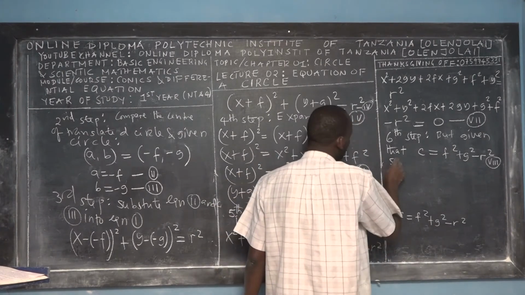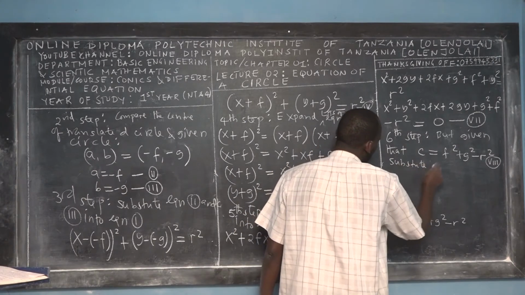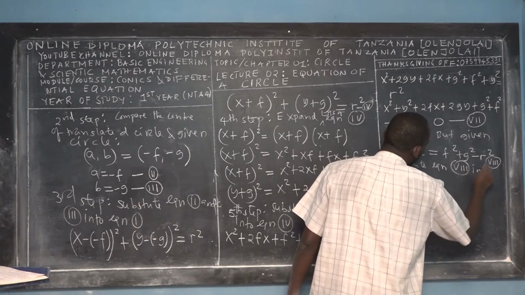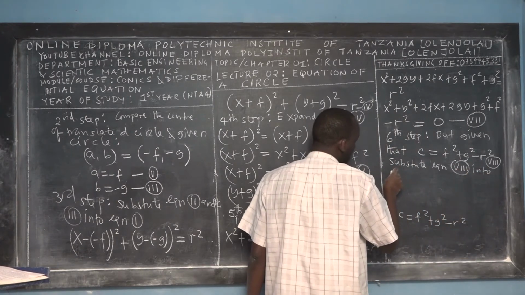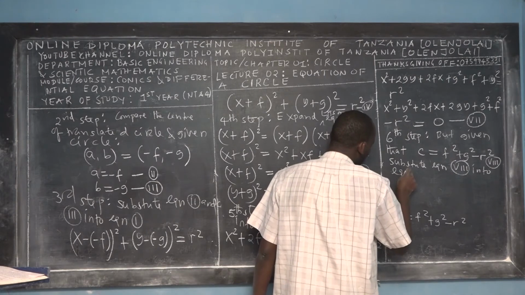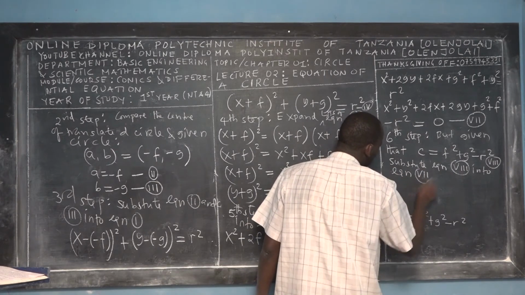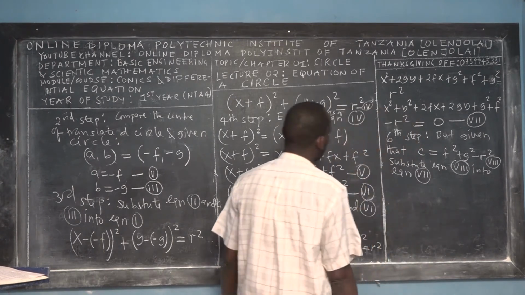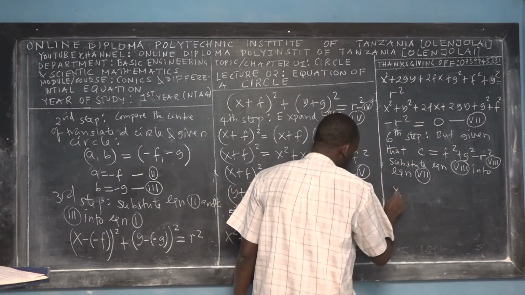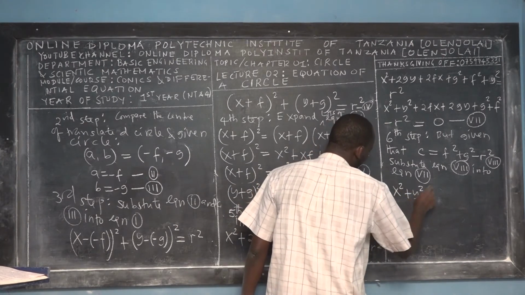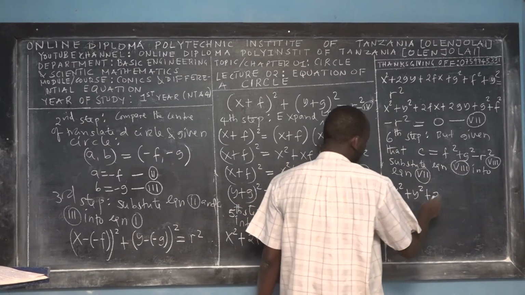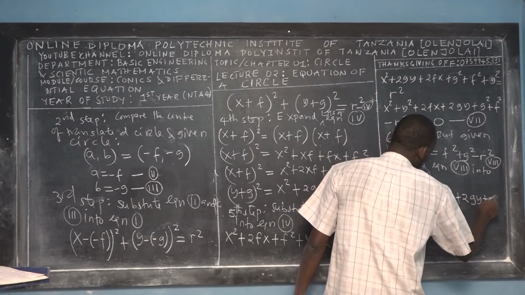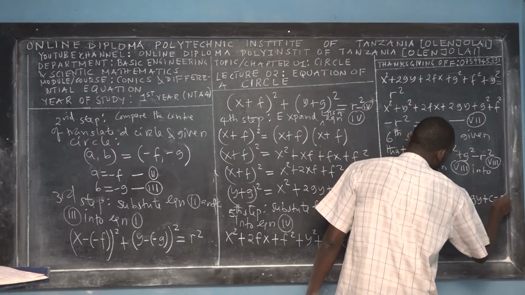So we say that substitute equation 8 into equation 7. If you do such a substitution, we are going to have x squared plus y squared plus 2fx plus 2gy plus c is equal to 0.